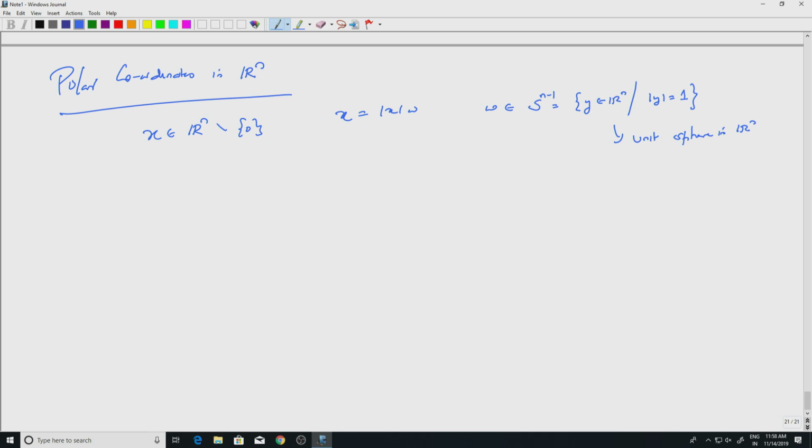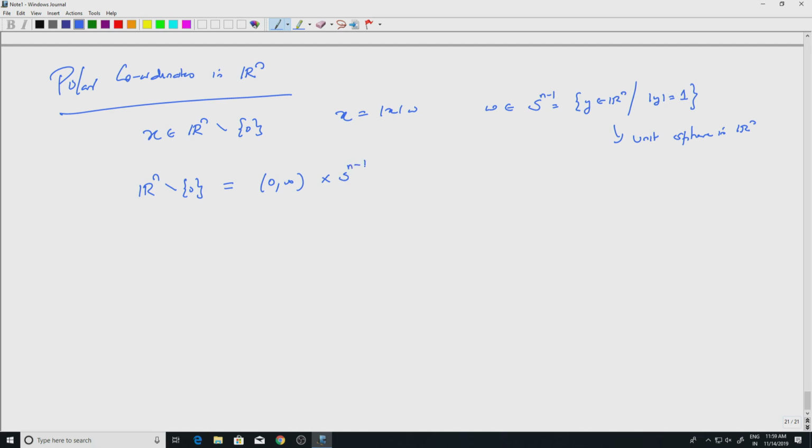So, in R2 it is the unit circle, and we can identify Rn minus 0 to be the product space of 0 infinity. Well, where is the 0 infinity coming from? Mod x is a point in 0 infinity, right, cross Sn minus 1.